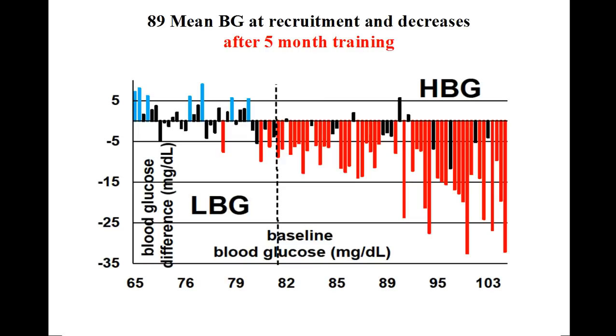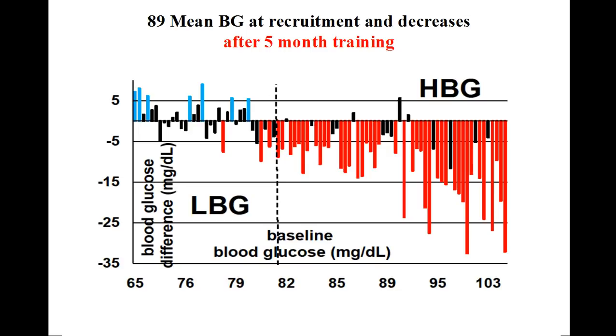We studied mean Bg, MBG, of 89 adults at recruitment, and individual decreases after 5 months training the initial hunger meal pattern. On the abscissa, recruitment MBG, and on the ordinate, columns show the MBG decrease for each single subject after 5 months training. Red columns mean significant decrease.